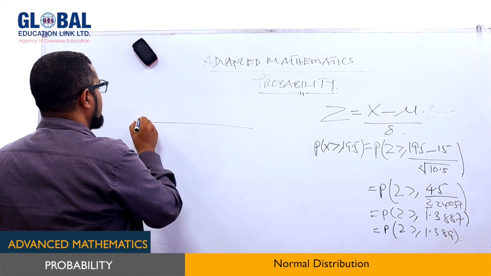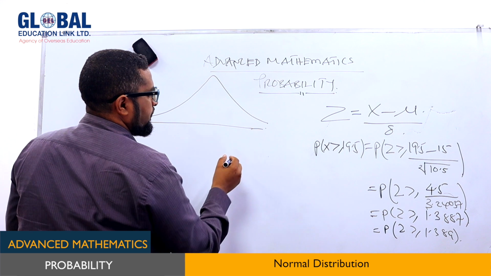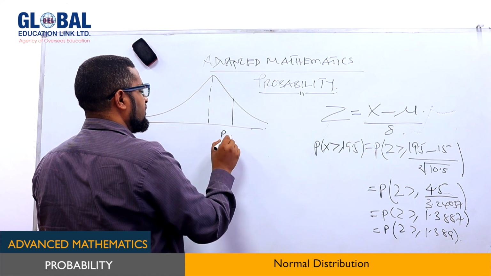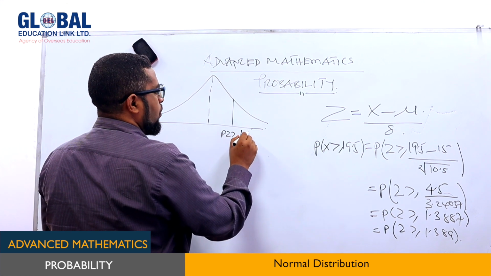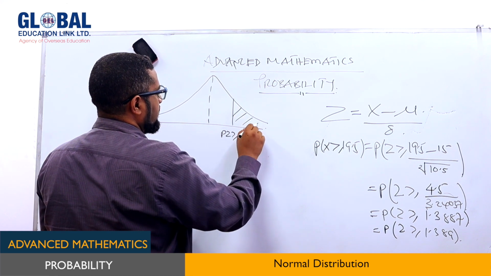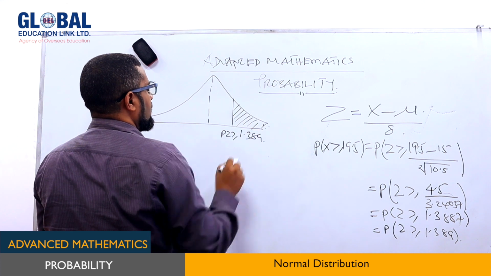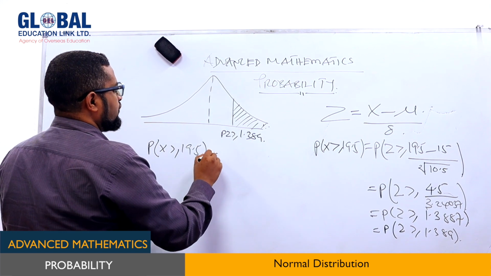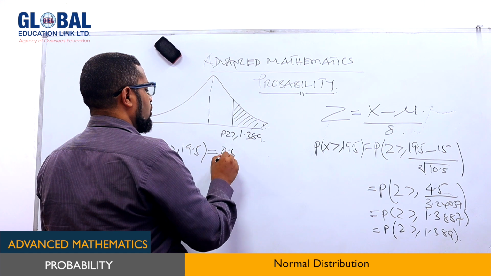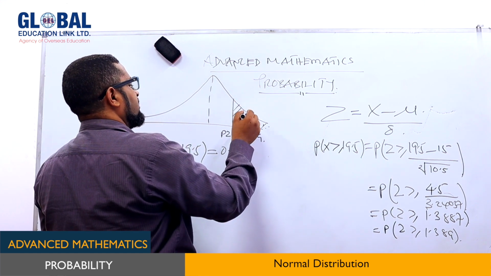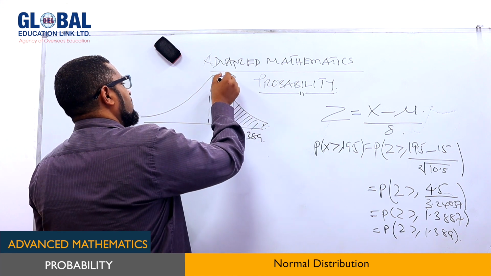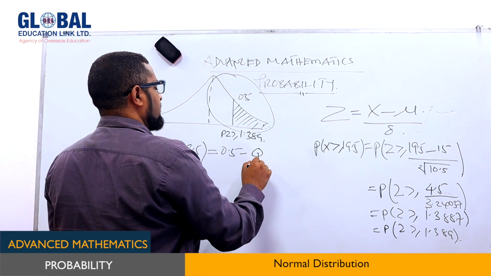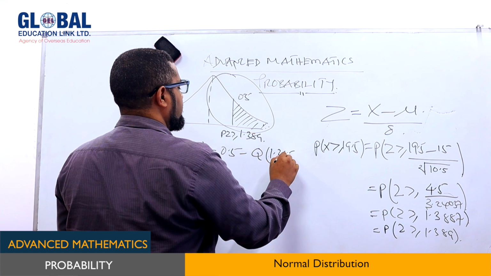So under the standard normal curve, that is the mean. Now let's show our z. So this is the probability of z greater than 1.389. We are looking for the probability of x greater than or equal to 19.5. This will be equal to 0.5. Remember, as I said, you are looking for this area, which is 0.5, minus the Q of that number, 1.389.